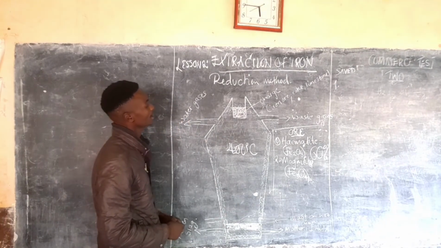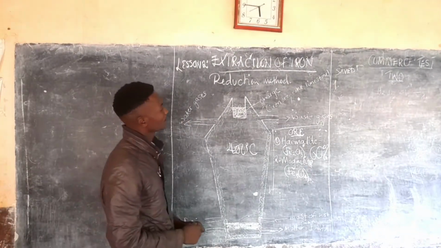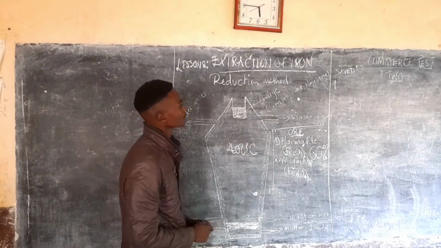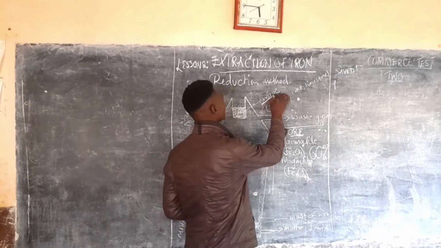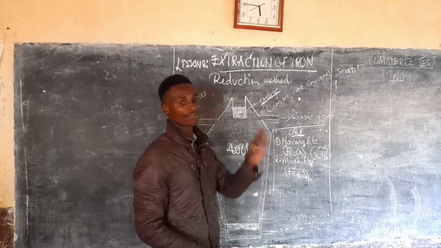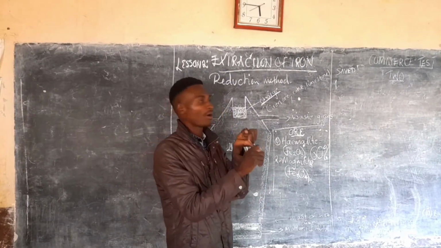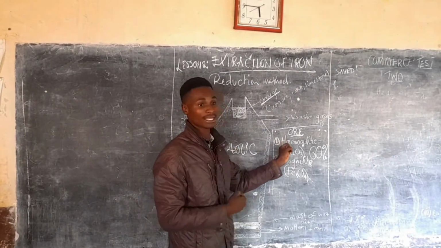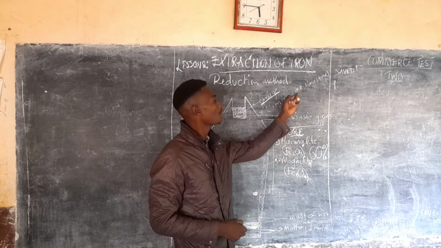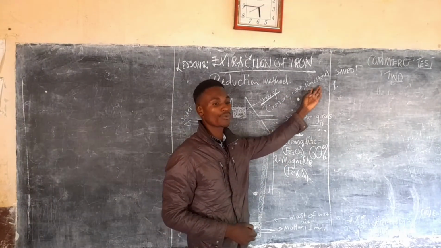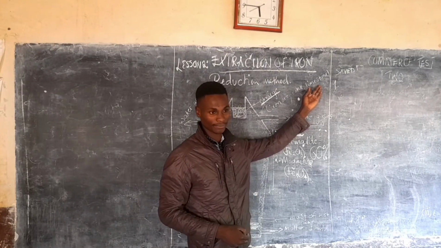Now, let's talk about the charge. The charge is a mixture of 3 things: iron ore, usually hematite, coke, which is carbon, and limestone, which is calcium carbonate.